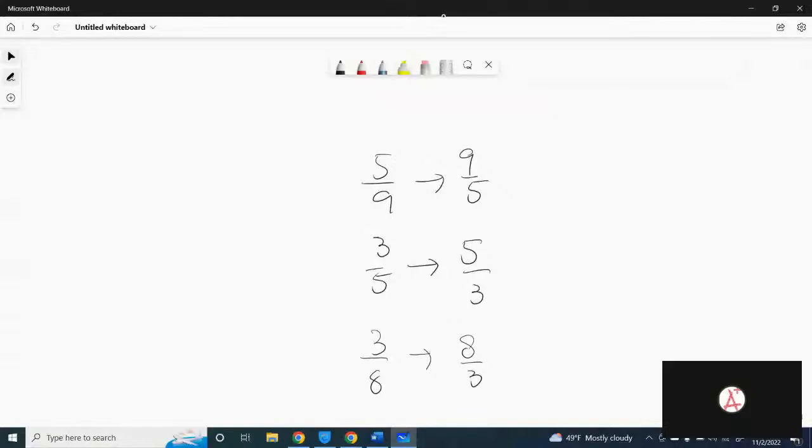The next one is: what is the reciprocal of 9/2? So the reciprocal of 9/2 is 2/9. Got it?